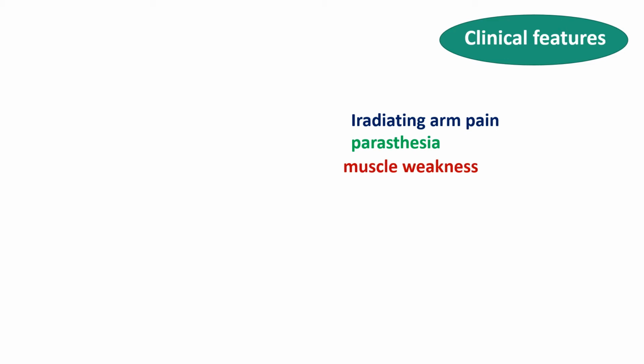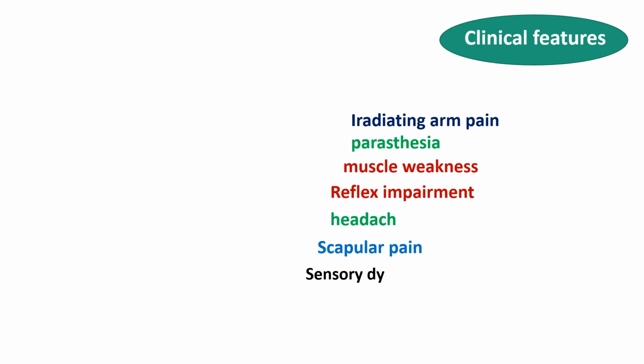Now I will tell you about the clinical presentations. Typical symptoms are radiating arm pain in a dermatomal pattern, paresthesia, muscle weakness in myotomal patterns, reflex impairment, headaches and scapular pain, and sensory and motor dysfunction in the neck and upper extremity.